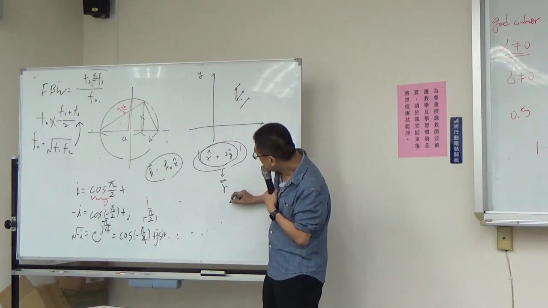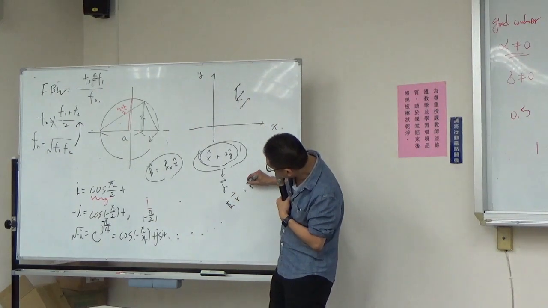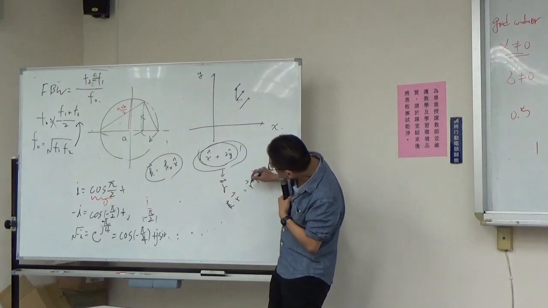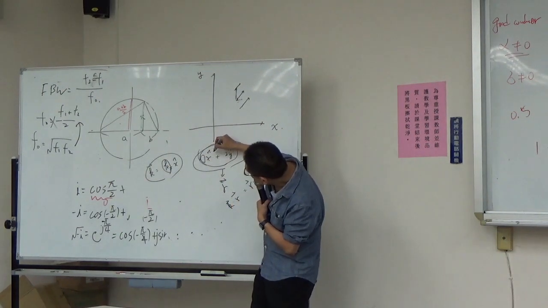If I do k dot r, or r dot k, I have only this part show up.